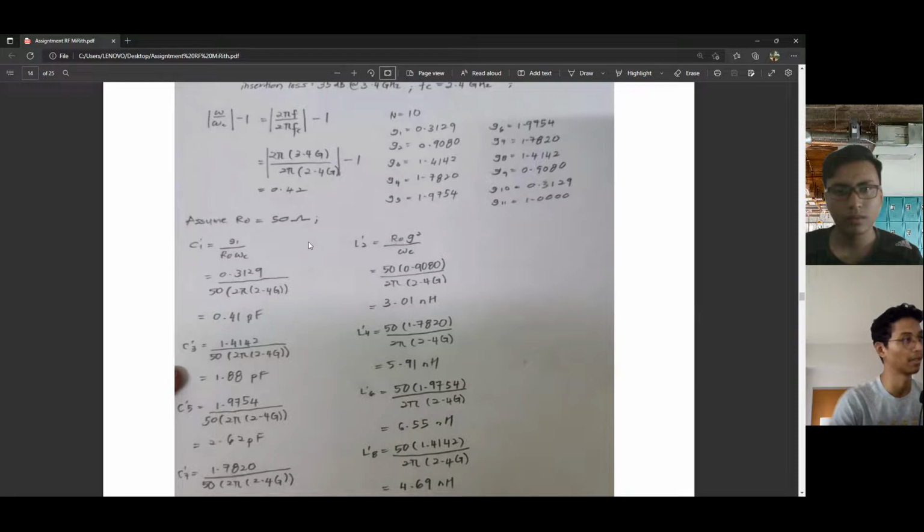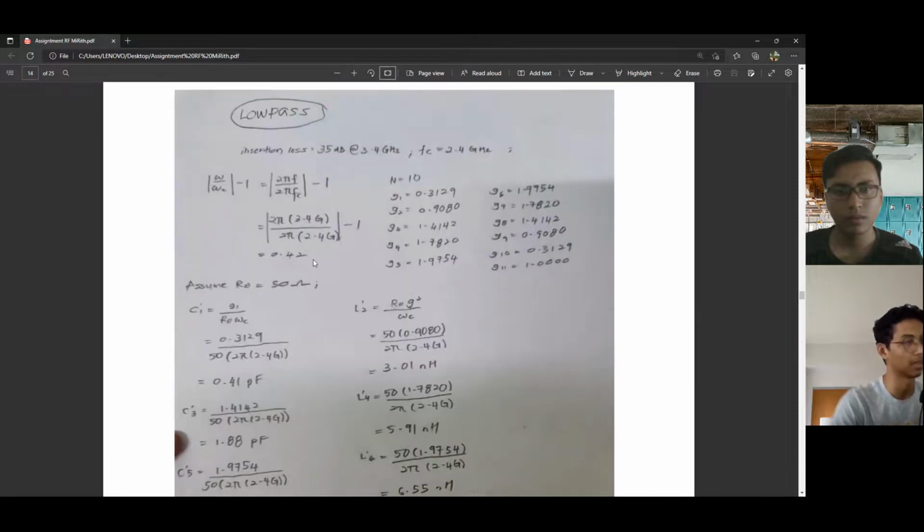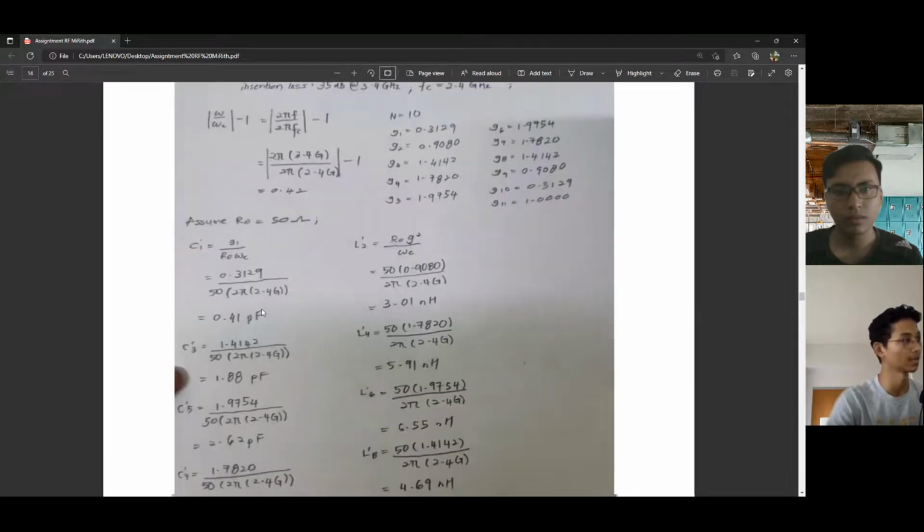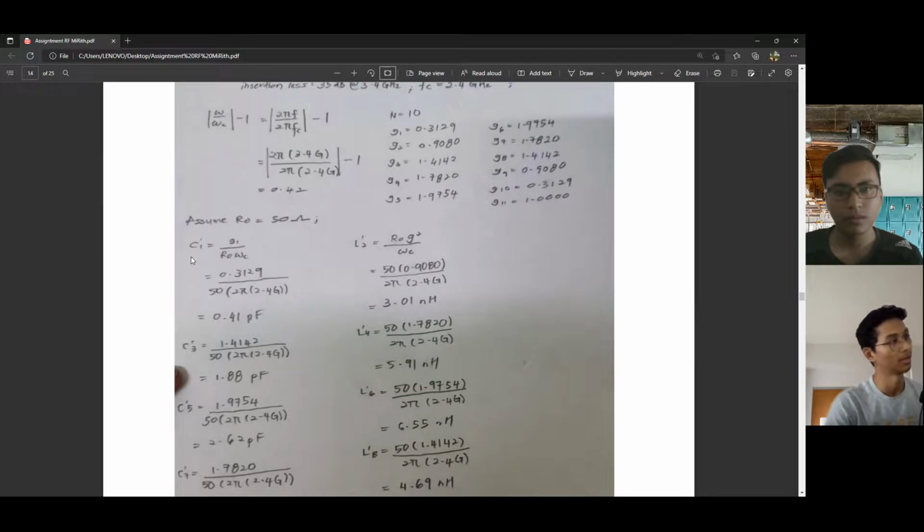So this is a pi network. I created it using a pi network, starting with the capacitor. So we just key in the value of G into the formula G1 over R0 omega C. For omega C, we use 2 pi Fc, the cut-off frequency, which is 140.